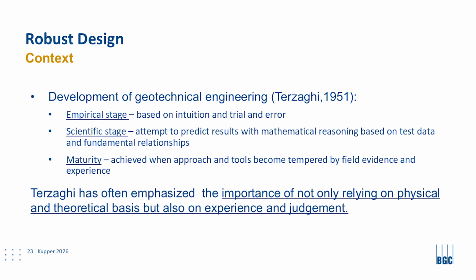But then the next stage is the scientific stage. That's based on an attempt to predict results with mathematical reasoning based on test data and fundamental relationships, which sounds pretty good.